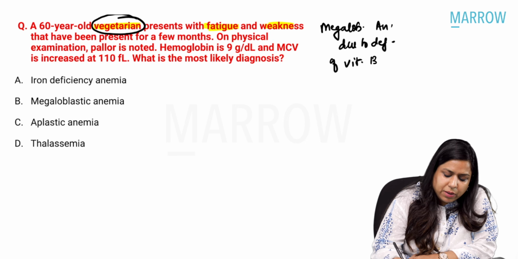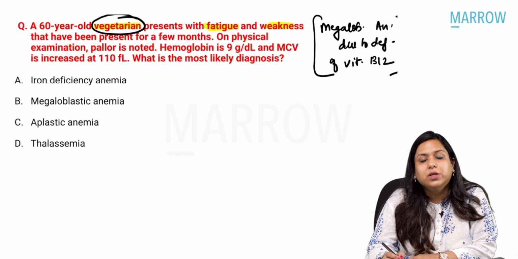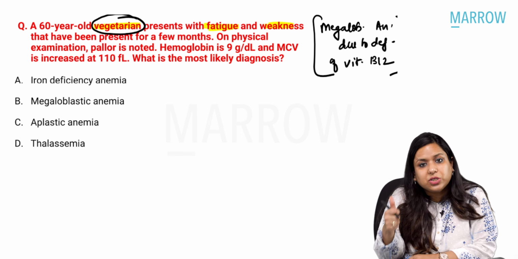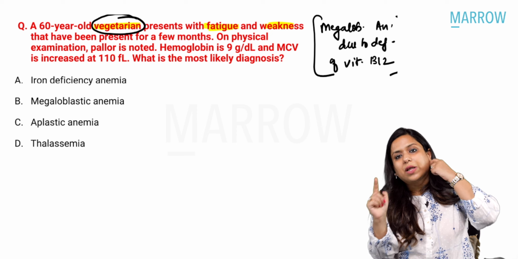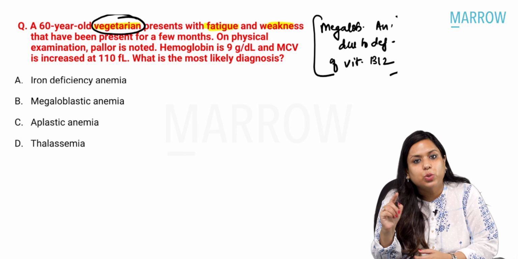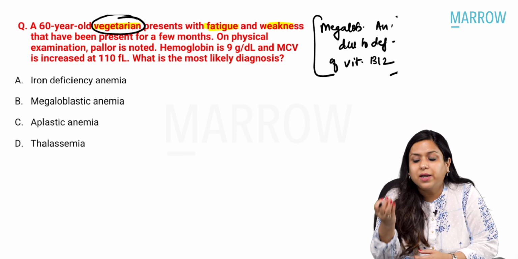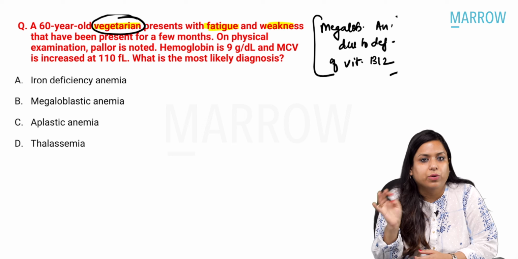If you remember my videos, I told you that this is an important clue in a clinical pathology question. Vegetarian diet, think about B12 deficiency anemia. Why? Because a very important source of vitamin B12 is the non-veg diet like fish, liver, egg yolk, right?